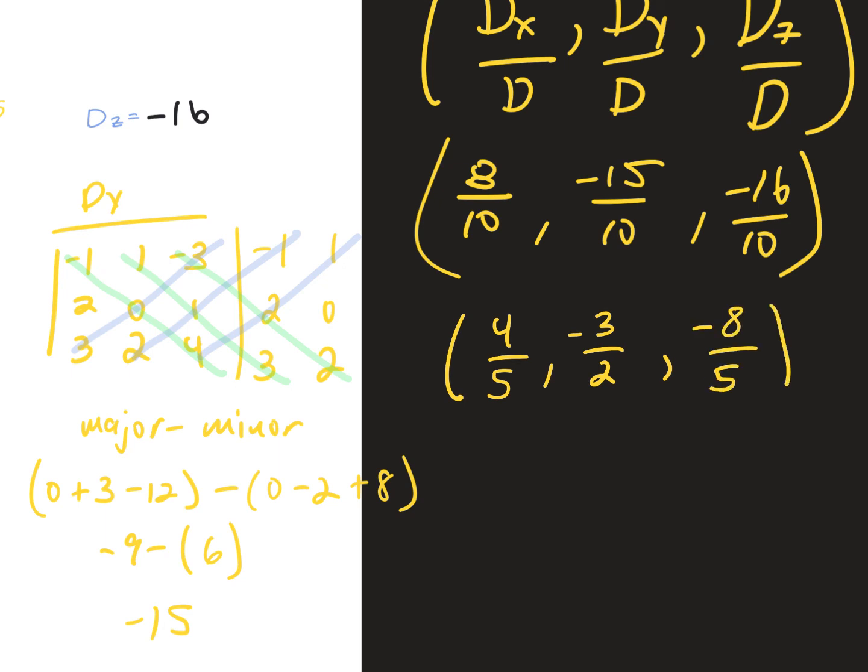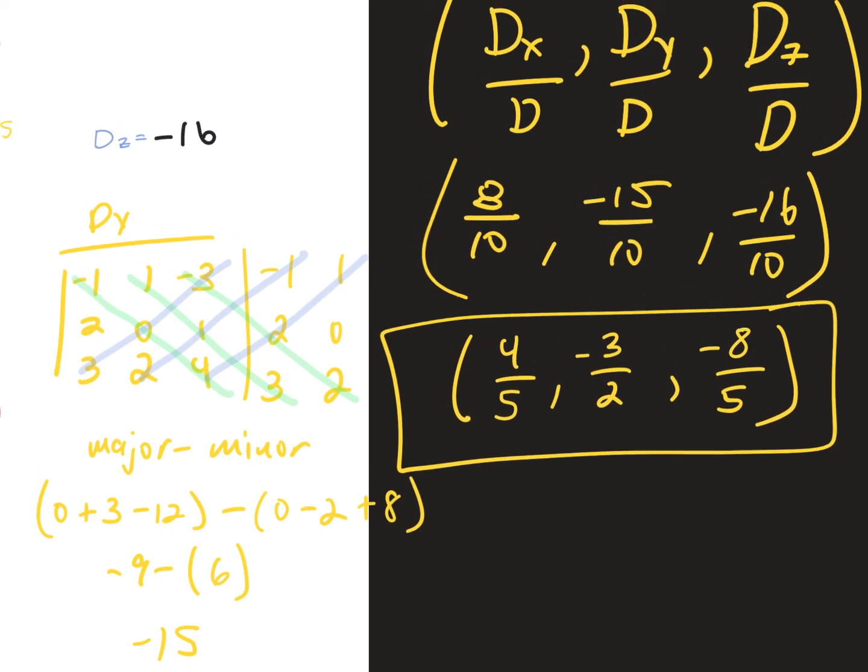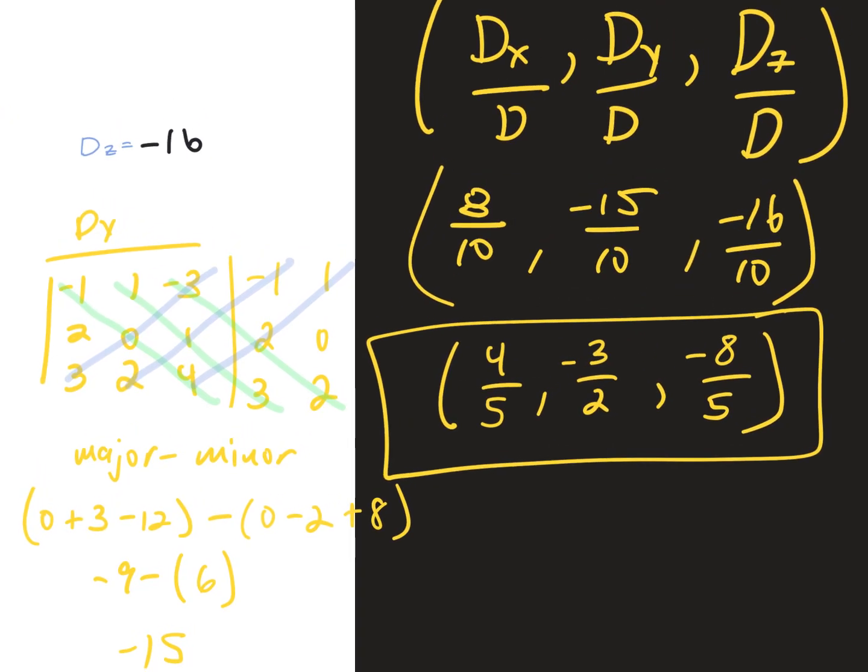Now, the reason why Cramer's rule is helpful, if you were to solve this system and used either matrices or our Gaussian, you would have had really ugly fractions to have to work with. So it just depends upon how you are comfortable working with things.